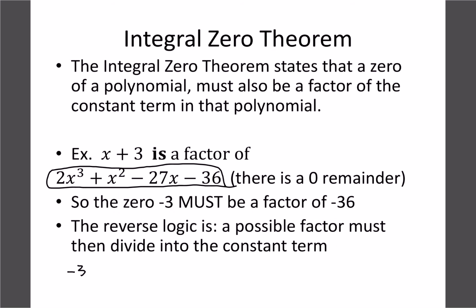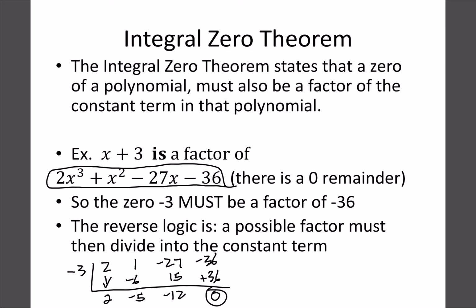So if we put in -3, we're going to put that into 2, 1, minus 27, and minus 36. So if we do our synthetic, multiply, add, and multiply again, you can see we do get a zero remainder. So that means that x plus 3 is indeed a factor.